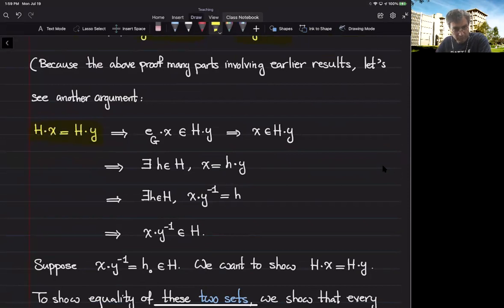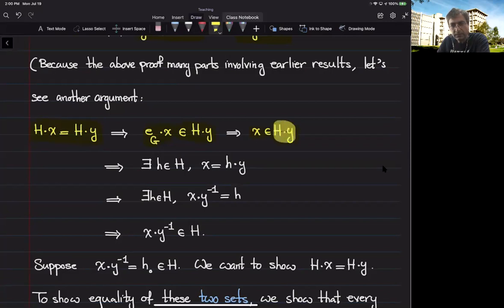This means I have equality of two sets. This set consists of all the elements that are of the form some element of h times x. In particular, the neutral element, which belongs to h, times x is here. Neutral element times x is simply x, and that's supposed to be inside this set. So x belongs to the right coset of h represented by y. That means x belongs to h dot y.